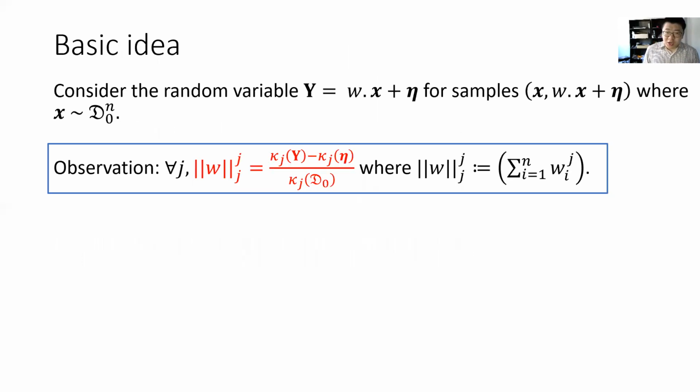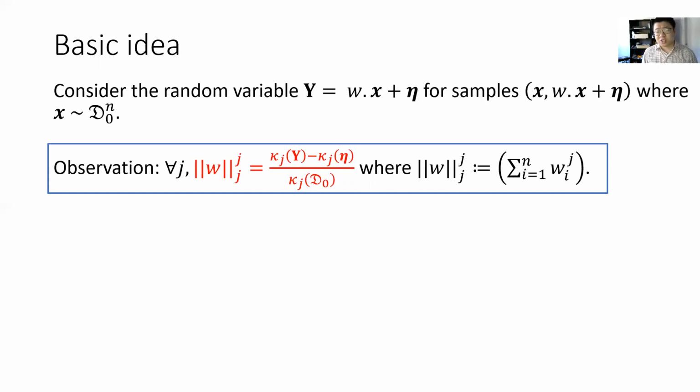So as mentioned earlier, our algorithm will only read the label in every sample. So we consider the random variable corresponding to the label, that is y equals w.x plus eta, where x is generated from the ID product distribution D naught to the n, and eta comes from an independent distribution.